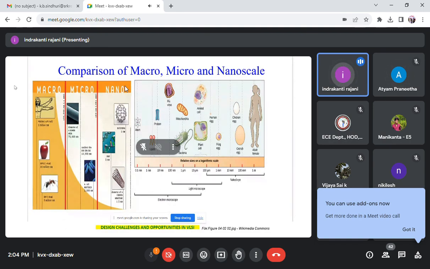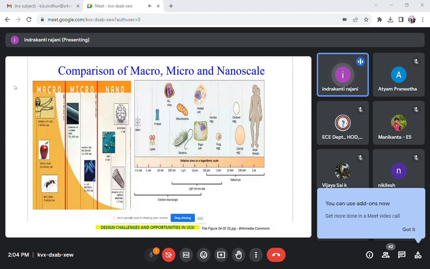So, before I approach how nanotechnology is impacting VLSI designs, the chip design or integrated circuits, first of all, let us understand where we are standing on a scale.